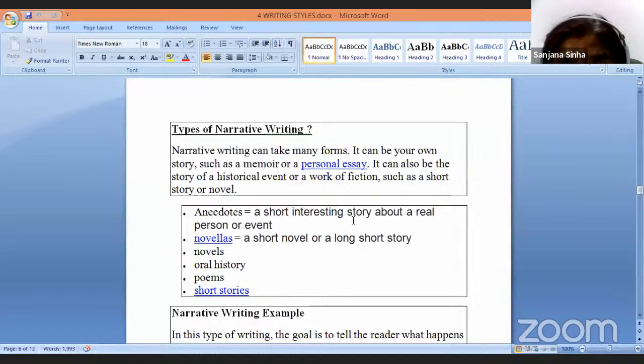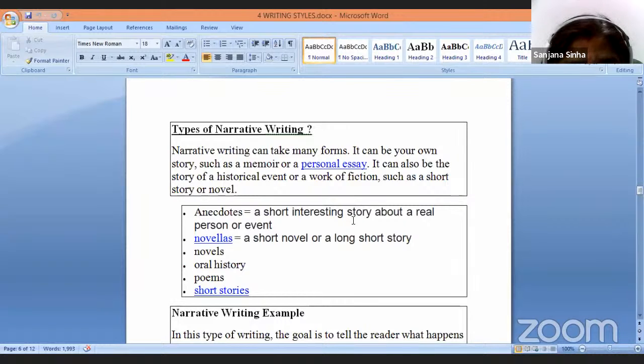It can be your own story, such as a memoir, which means something you remember from the past, or a personal essay, like my saddest day, my happiest day in school, a weekend at home. It can be any personal essay which you want to write.